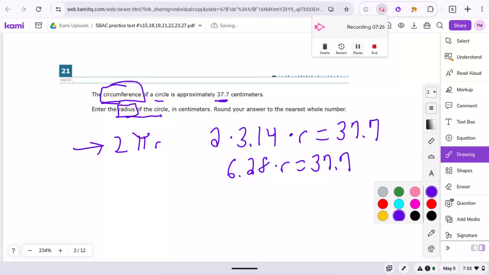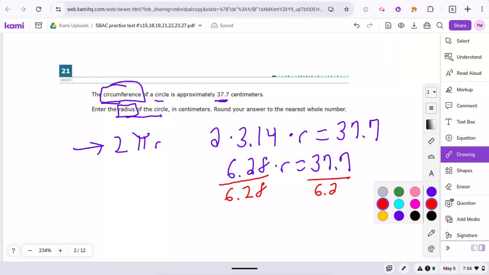And then I have a one-step equation here. So I would divide by 6.28 on this side and divide by 6.28 on this side. So if I put that into the calculator, 37.7 divided by 6.28, it'd give me 6.003, a bunch of decimals, and it says to round it to the nearest whole number. So I would just put that as 6.